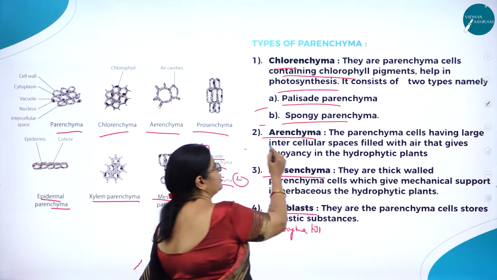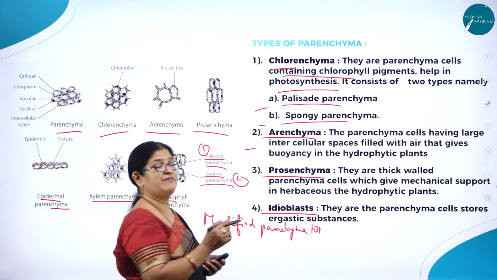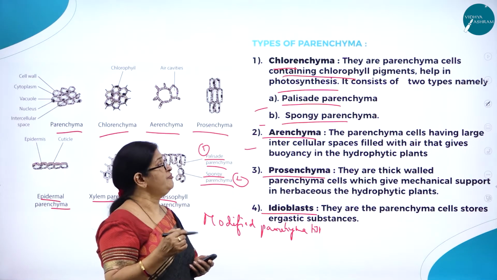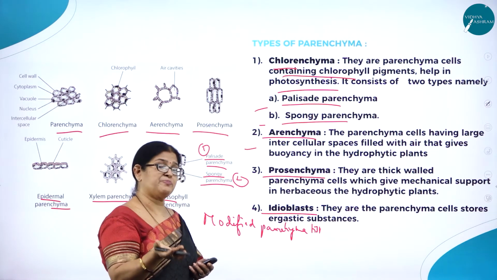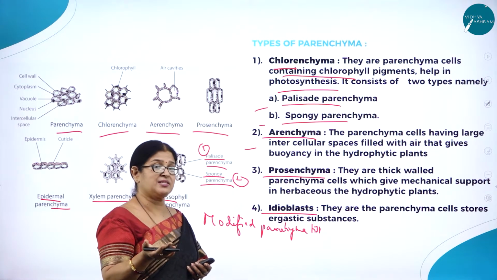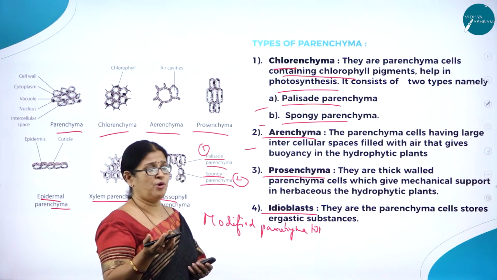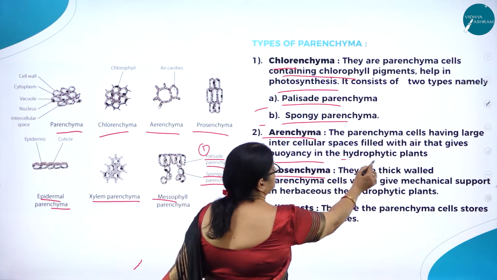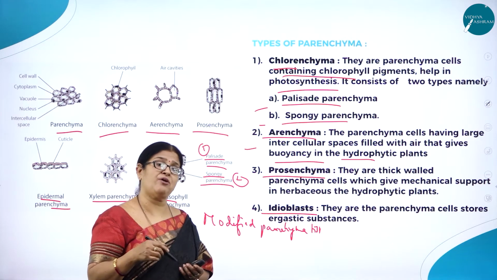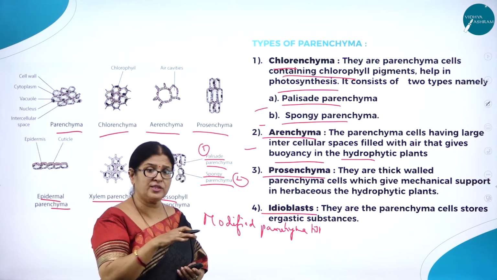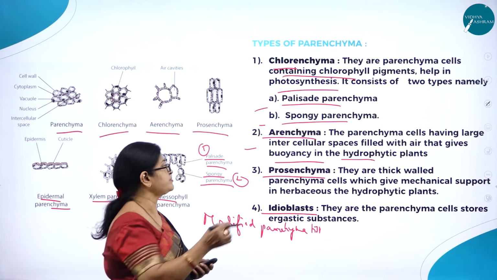Next, aerenchyma. Already I said, the parenchyma cells have large intercellular spaces filled with air, and that air will reduce the specific gravity, make the cells lightweight and help in buoyancy. What is buoyancy? Particularly in hydrophytic plants or aquatic plants, buoyancy is a property of aquatic plants to float on the surface of the water.